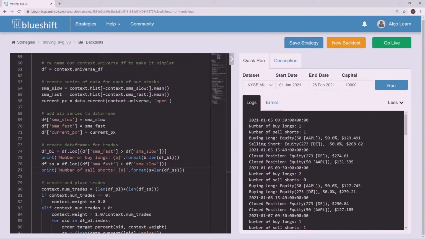On the short side, we're going to identify where the 5-day moving average is above the 10-day, and then the next day the 5-day crosses below the 10-day, and we are going to sell short immediately and hold that short position for one trading day.